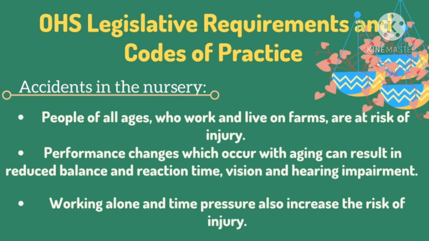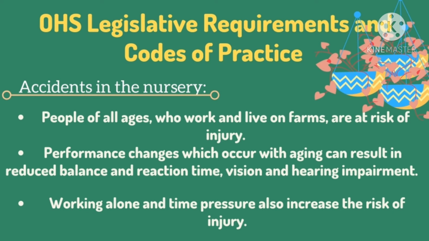All farms have dangerous machineries and work situations. People of all ages who work and live on farms are at risk of injury. Children are especially vulnerable to hazards on farms because it is their home as well as a place of work.